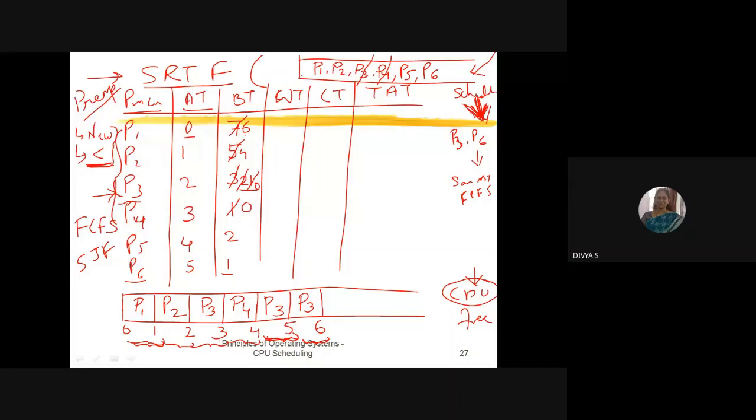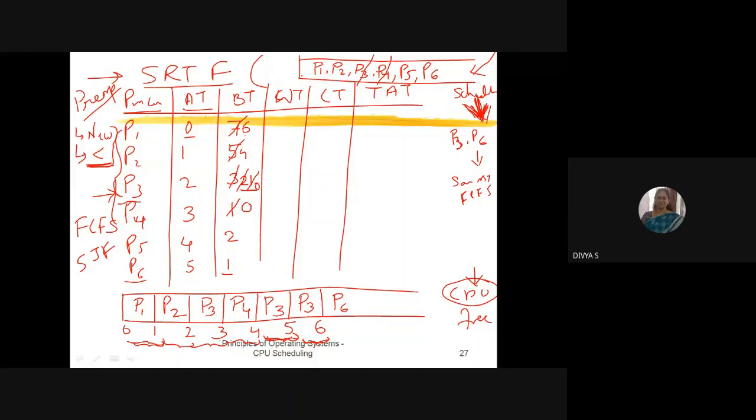Now, among these processes, which process does the scheduler select? P6. Now, should P6 resume for 1 millisecond, or should it continue?